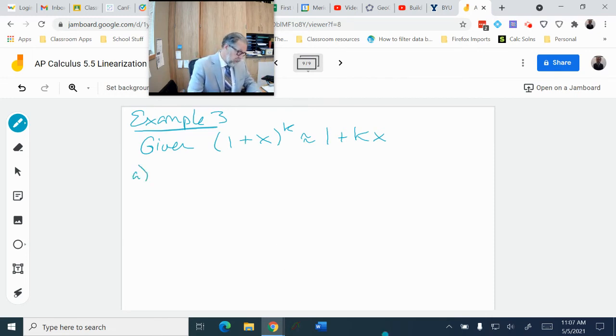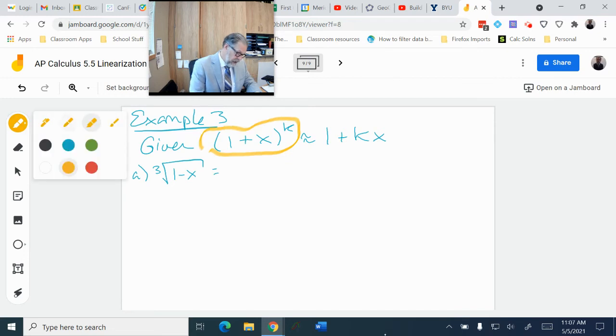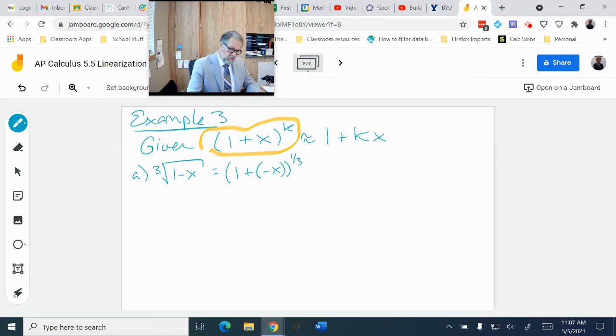So let's look at a couple examples. First off, the cube root of 1 minus x. Well, let's rewrite this as 1 plus x to the power of k. What we get is 1 plus negative x to the 1/3, which means that we can approximate this as 1 minus 1/3 x.